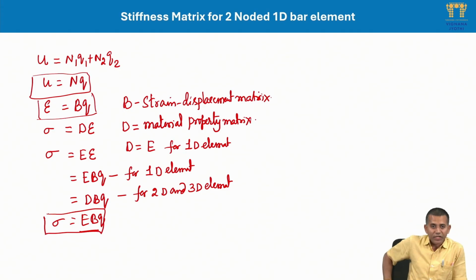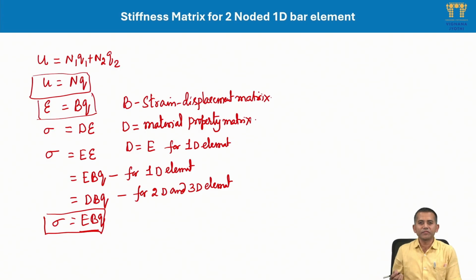So these are the three important parameters we need. Once we have these, to find the stiffness matrix you can use the potential energy approach or Galerkin's method. The potential energy approach is the Rayleigh-Ritz method, while Galerkin's approach uses virtual work. Today the focus is on using the potential energy.